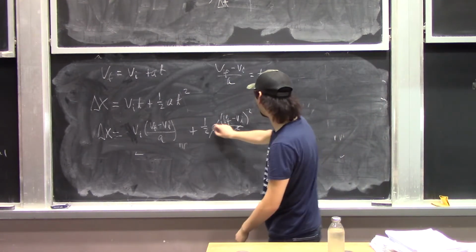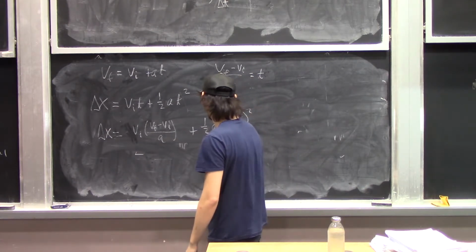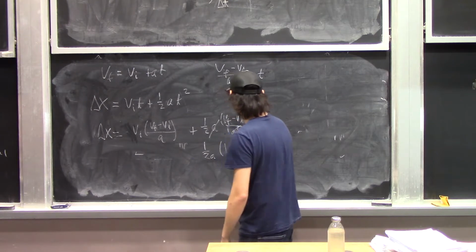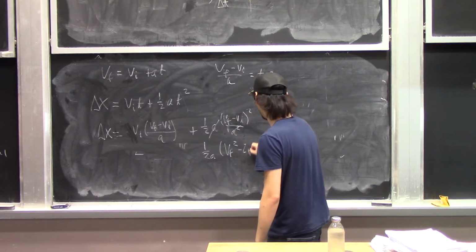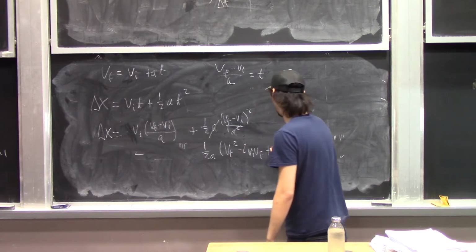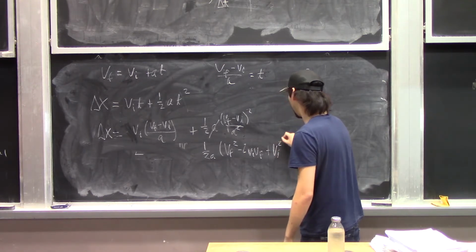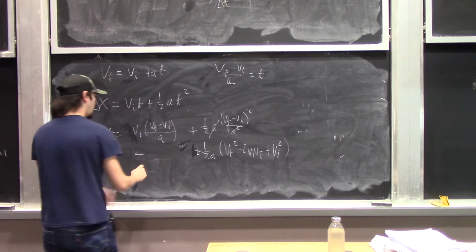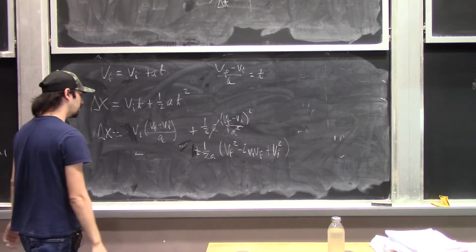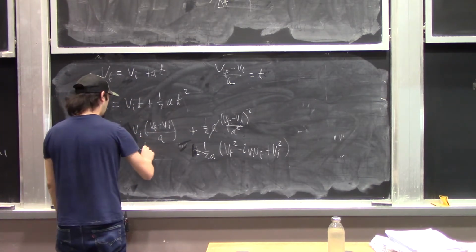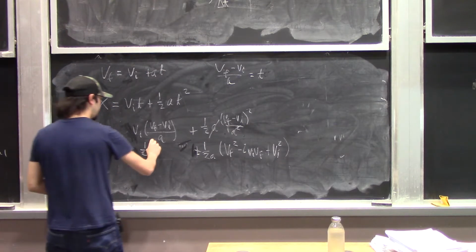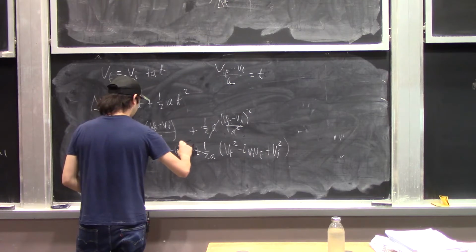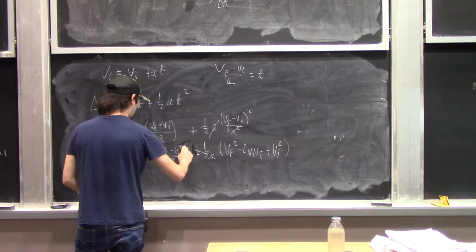This term right here is going to be 1 over 2A times VF squared minus 2 VI VF plus VI squared. And this term over here is going to be plus, let me rearrange it so it looks a little bit similar to this, 1 over A times VF VI minus VI squared divided by A.